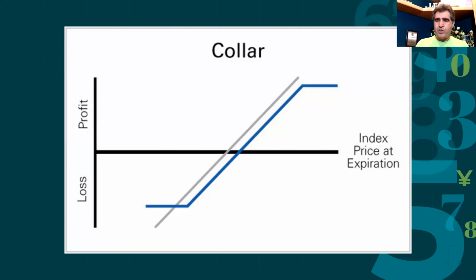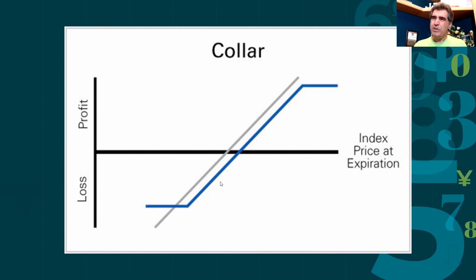Here's a little graph. Let's say the stock is at this price. You're limiting your loss by buying that put. If your stock or the underlying holding keeps going down, you're protected. It's a defined risk.